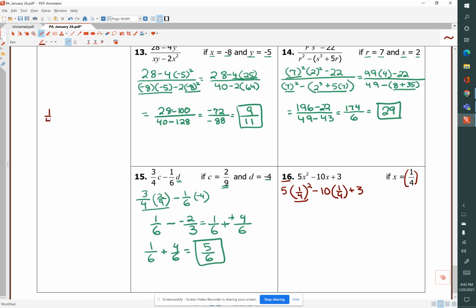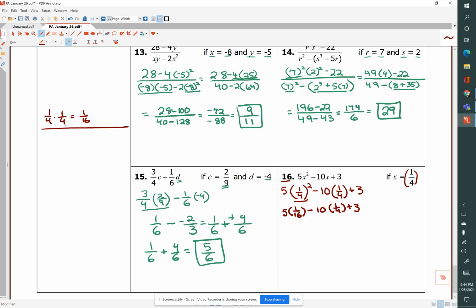So we have 1/4 times 1/4 equals 1/16. So now we have 5 times 1/16 minus 10 times 1/4 plus 3.